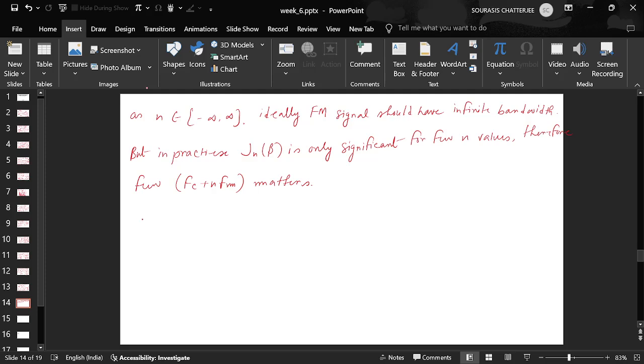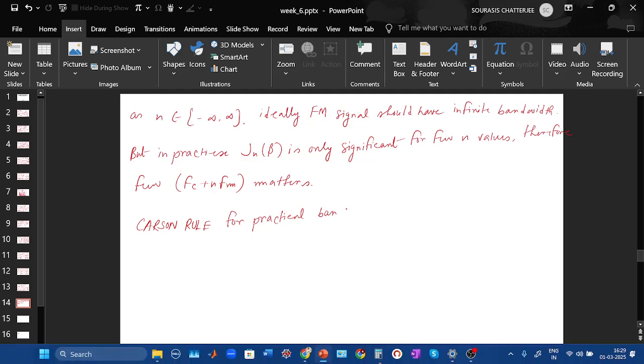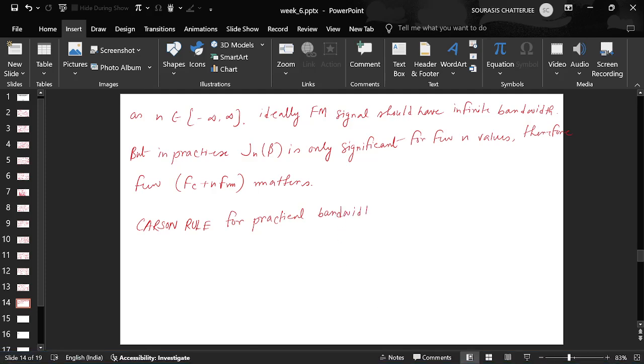So that is where Carson's rule comes into the picture. Carson's rule for the practical bandwidth of an FM signal. So what is the rule basically?